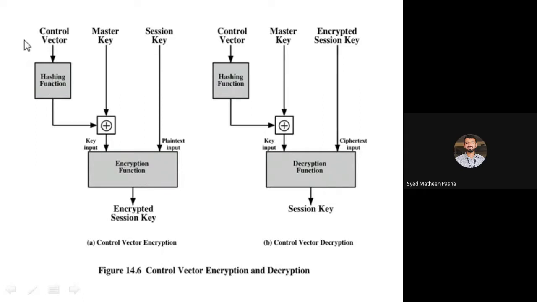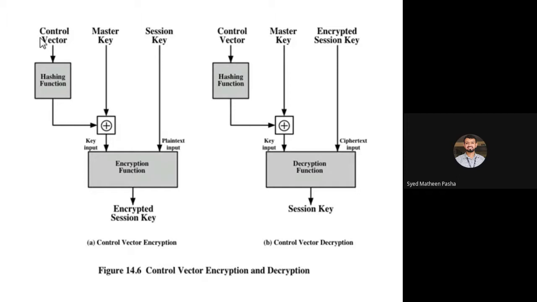So what is the usage of this control vector? The control vector is one kind of input provided for your encryption function. What is the usage of such an input? If I am passing the control vector as an input to your encryption function, the security of encryption increases.